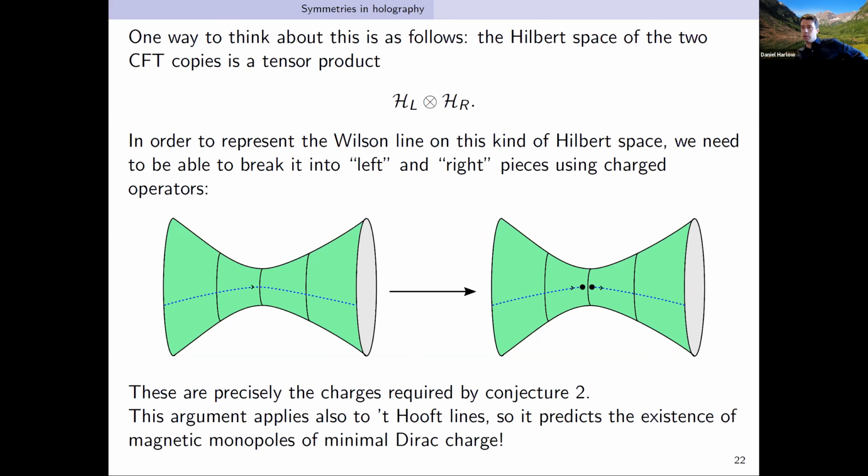Now I should also mention, this argument applies also to 't Hooft lines, which are the magnetic duals of Wilson lines. And so it also predicts the existence of magnetic monopoles of minimal Dirac charge. Maybe, from a phenomenological point of view, that's more interesting, because we maybe think we already know that there exist electric charges of unit electric charge, although we don't actually know that.